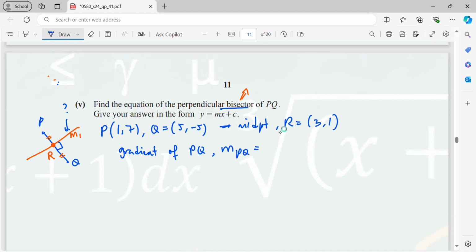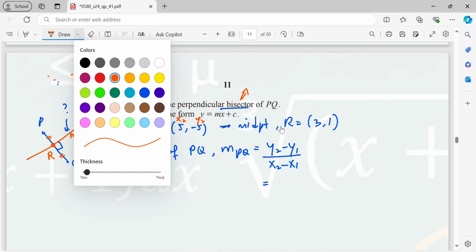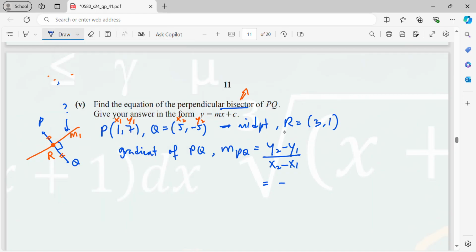MPQ equals y2 minus y1 over x2 minus x1. I take this as x1, y1, and then Q will be x2 and y2. So you will get minus 5 minus 7 over 5 minus 1. You can write P as the x2, y2, no problem. Then it will be negative 12 over 4. And lastly you get minus 3.